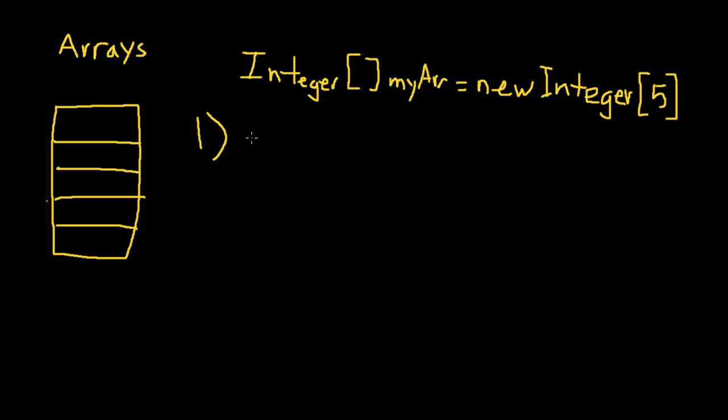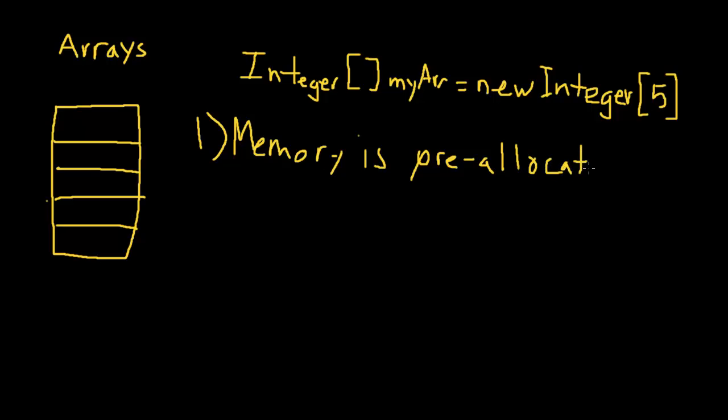The first key component is that the memory is pre-allocated. So what does this mean?